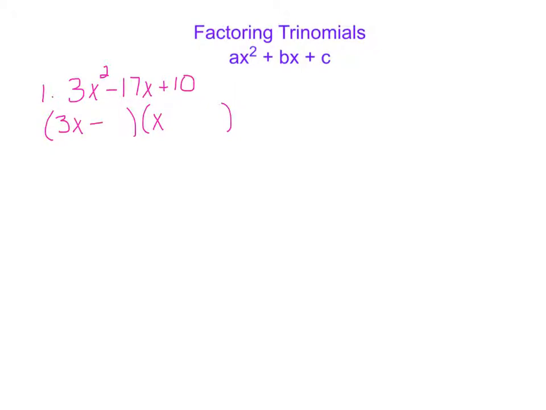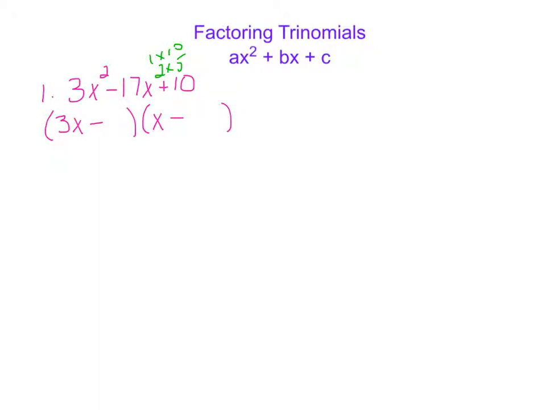So that means my signs are both negative. Now, for 10, your factors are 1 times 10 or 2 times 5. But it matters what order I put them in the parentheses because I have this 3 in the front that I have to account for.